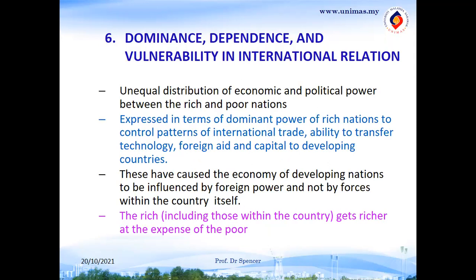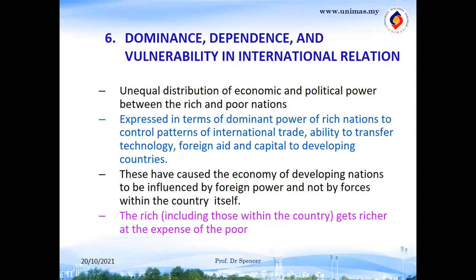Yang keenam, dominance and dependence and vulnerability in international relations. This is, in other words, one of which is that the third world countries or the developing countries, they are dependent on big nations or rich nations.